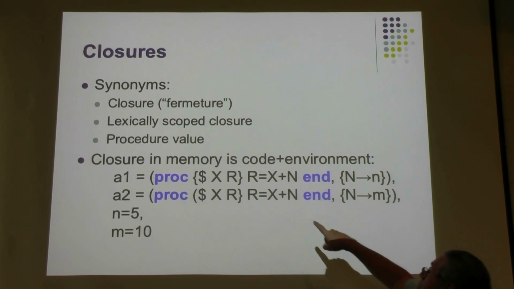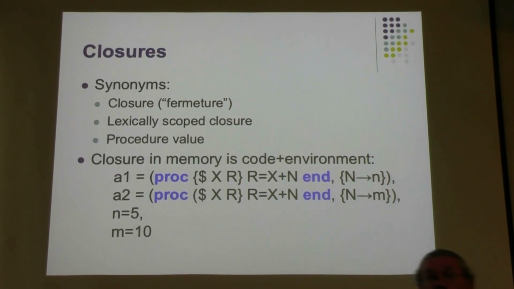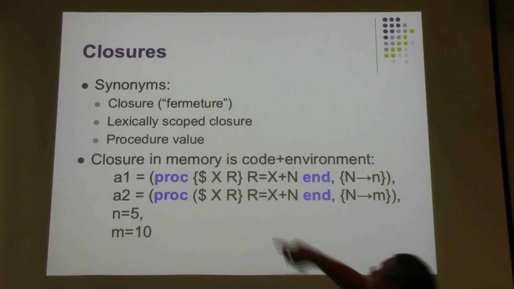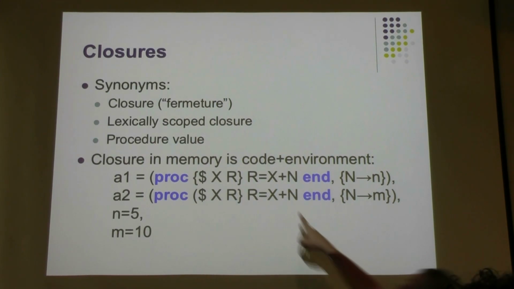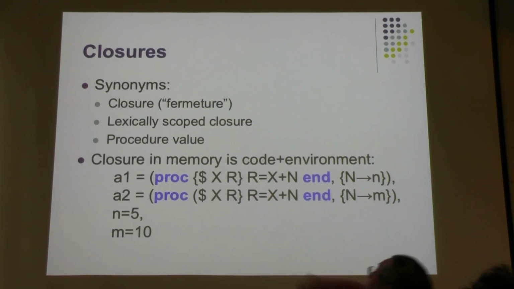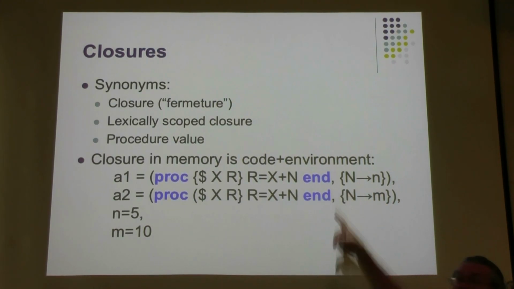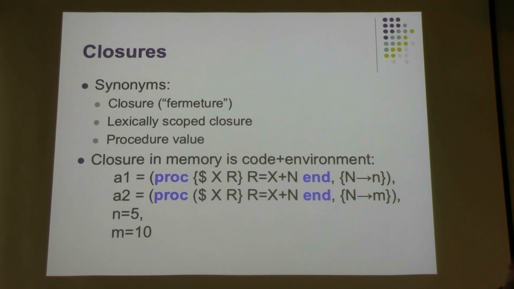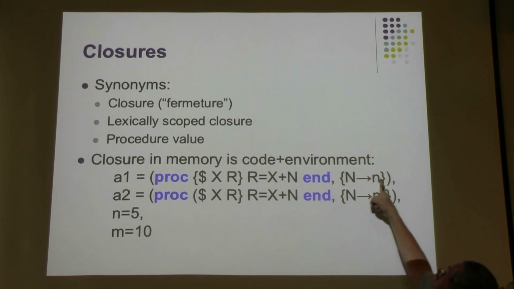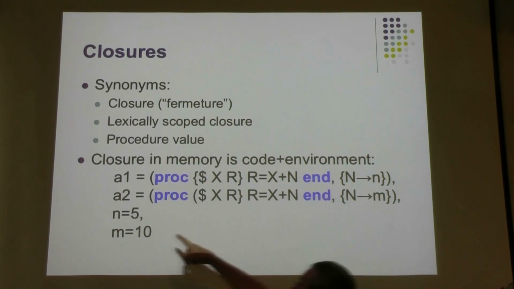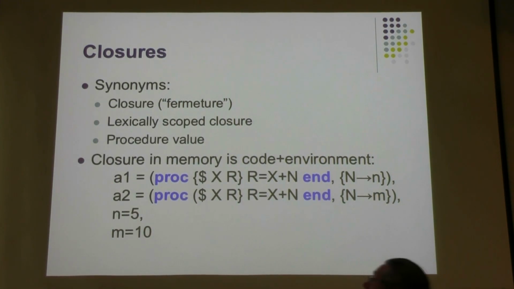So in the kernel language, the code is actually a procedure because it adds an extra argument for the output. So r is equal to x plus n. R and x are arguments, but n is not an argument. N is defined in its own special environment. So the environment connects the identifier n with a variable in memory. So this little variable, little n, will be equal to 5 for A1.